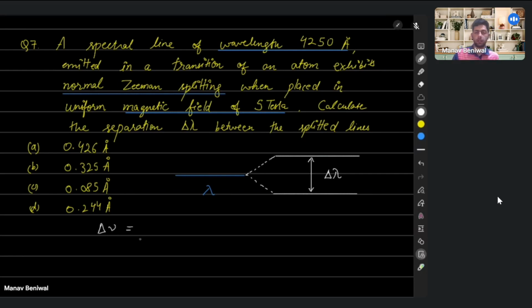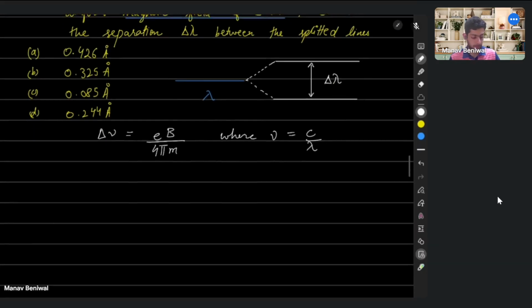So the formula for Zeeman splitting is generally written in terms of nu. Okay, so let's write in terms of nu, doesn't matter. So delta nu is eB divided by 4 pi m. Okay, this is the formula, where nu is the frequency and this is nothing but c by lambda.